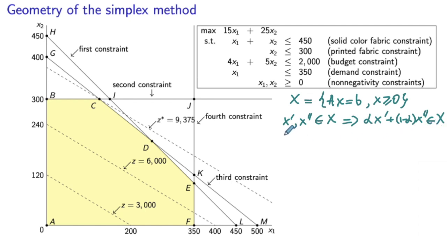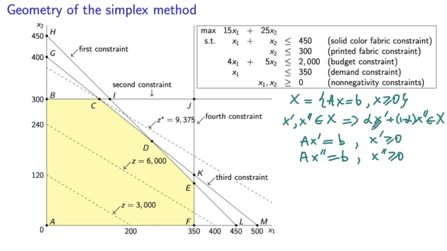So first, because x' and x2' belong to X, they have to satisfy the constraints defining X, right? So we have Ax' = b and x' ≥ 0. Similarly for x2', Ax2' = b and x2' ≥ 0.